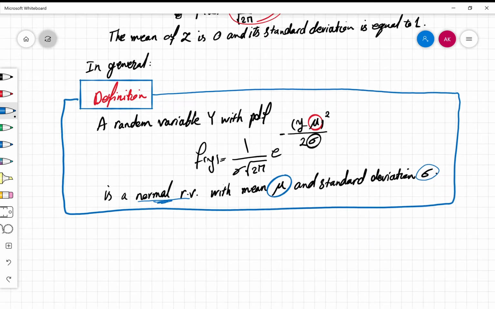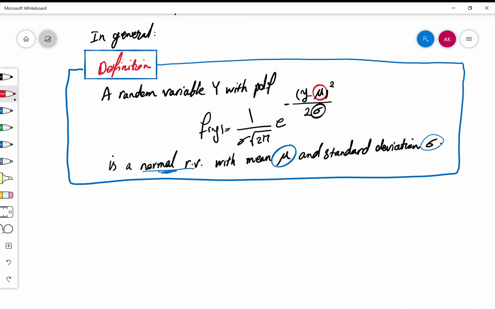What you need to keep in mind is, first remark, that every normal random variable is fixed.